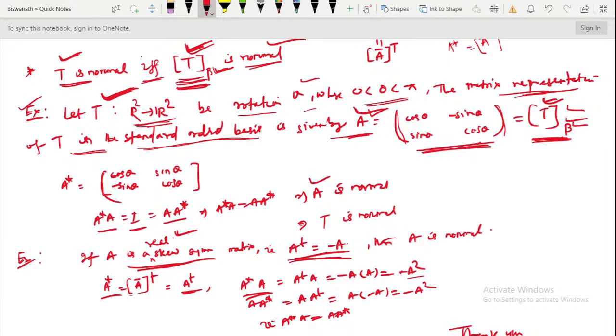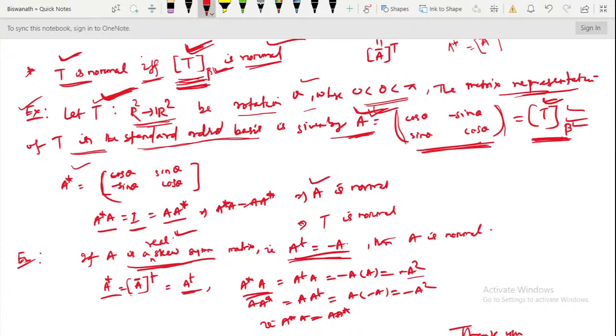If this matrix A is normal, then this linear operator T is said to be normal. So how will you check it is normal? A is given to you, so you can find its A star, which is just its conjugate transpose.